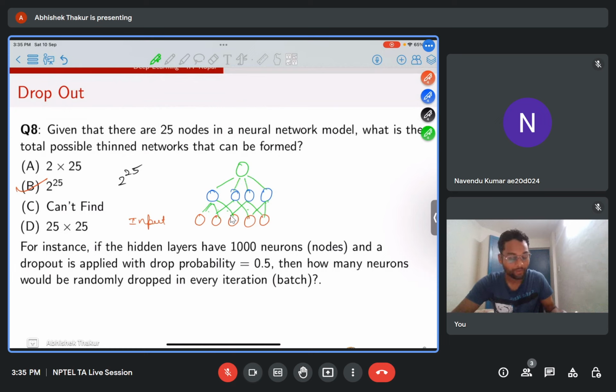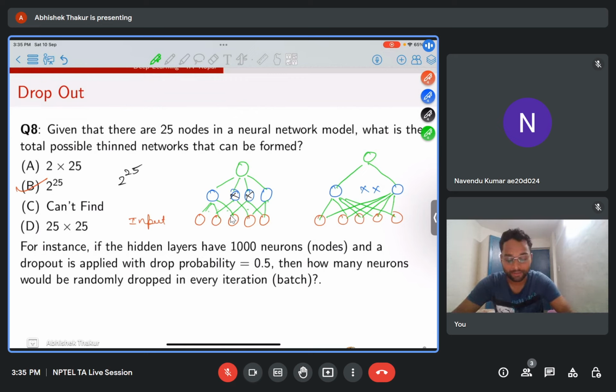Now, what we will do is remove some of the neurons. Let's suppose we delete this and this, and now our model will look like this. So this is one of the possible thinned networks. If there are 25 neurons, then there are 2 to the power 25 possible thinned networks.